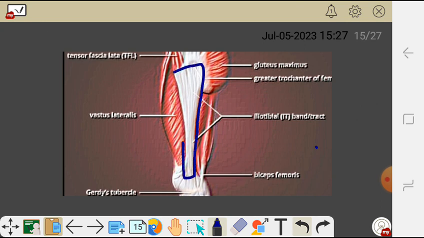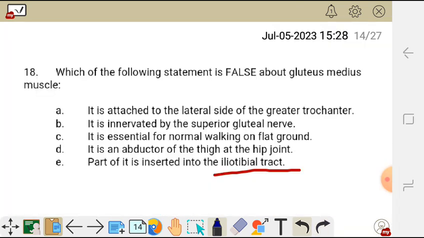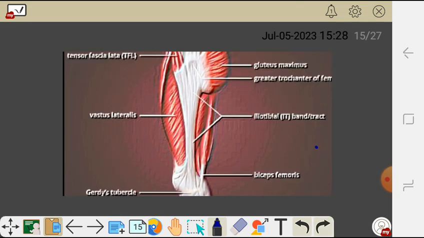The iliotibial tract gives insertion to the gluteus maximus and tensor fasciae lata, which is that muscle on top there, not the gluteus medius. Gluteus medius inserts on the greater trochanter. So that's why E is a false statement. Question 18, the correct answer is E.